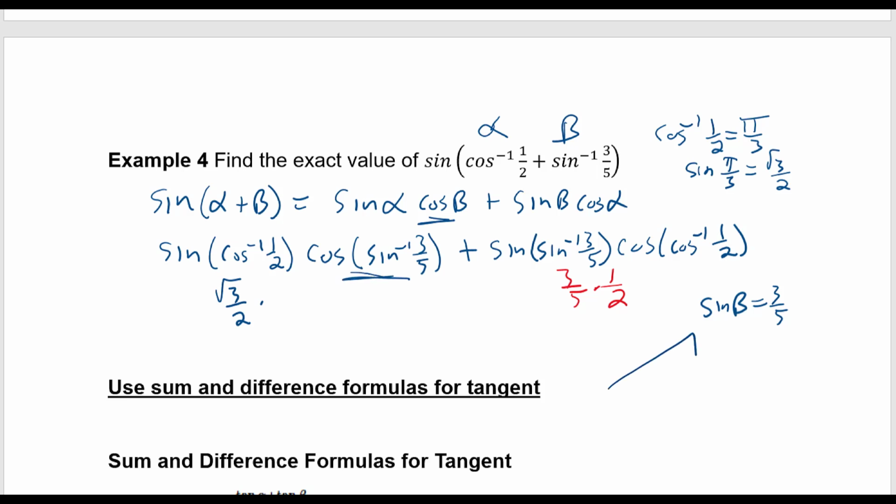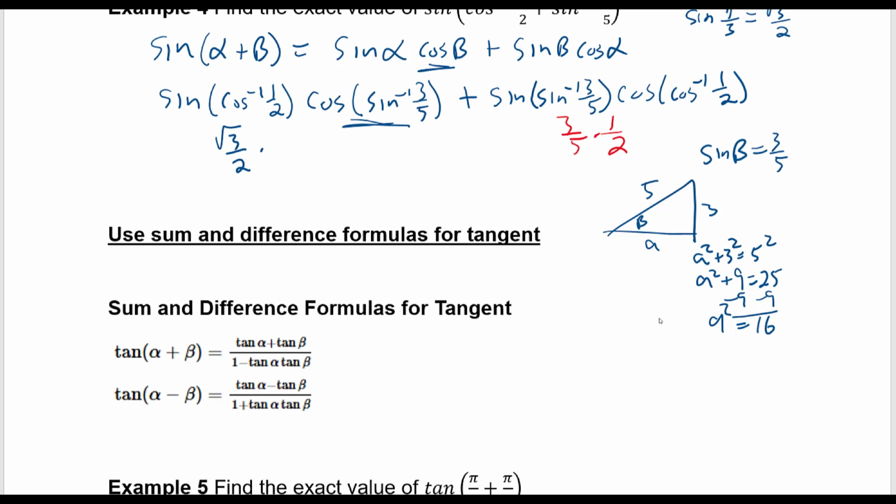So if we drew a triangle, and we call this beta, the opposite is 3 and the hypotenuse is 5, call this a. A squared plus 3 squared is 5 squared. A squared plus 9 is 25. So you know where this is going. A squared is 16. And again, we don't have the quadrant here, so I'm just going to say A is 4.